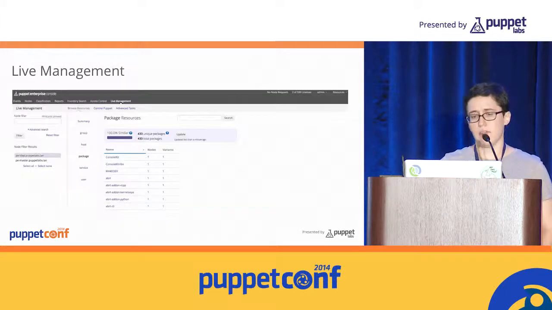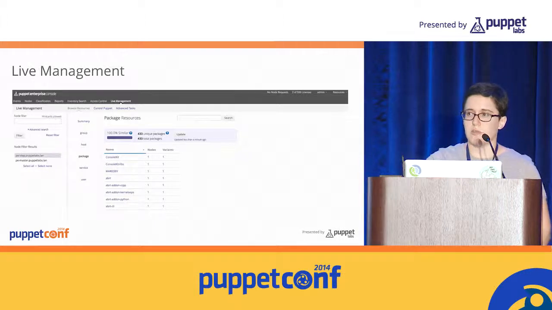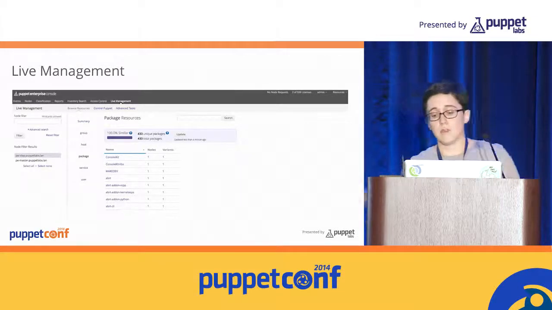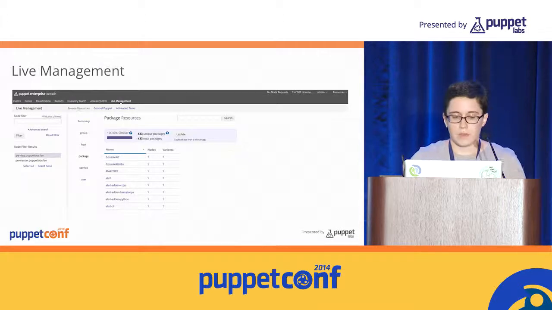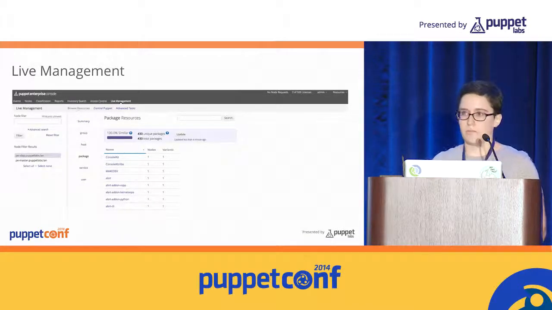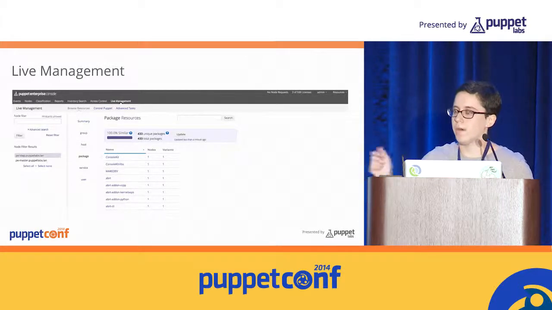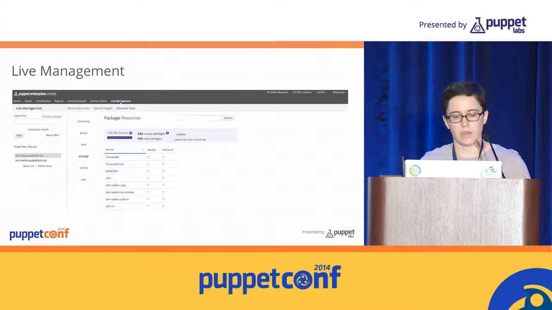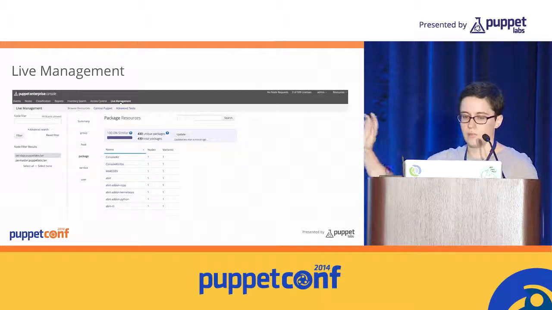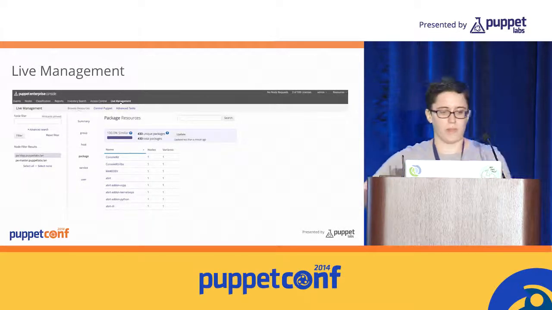And now that it's set up, I can go to live management. And live management is a UI built on top of mcollective. And it allows you to inspect the state of your nodes right now, as well as to execute actions on them. So after Puppet ran and applied that mcollective class that set up everything, I now have my agent showing up in live management.